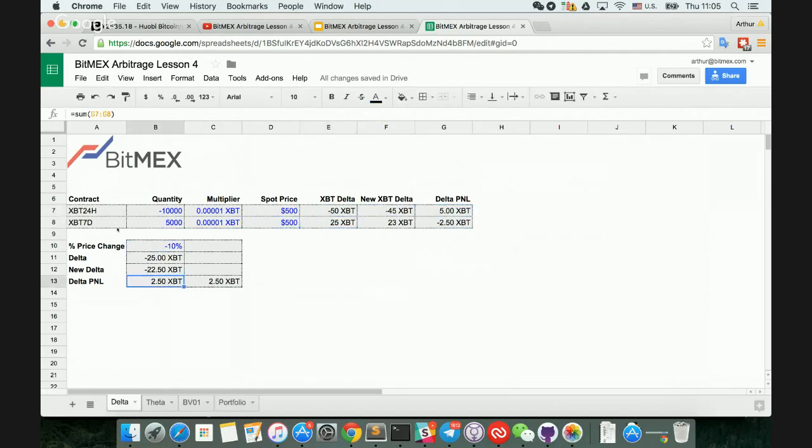And here you see the aggregate number down here, 2.5 Bitcoin. You could also take the price change times your initial delta, and that's a faster way of arriving at the same number. Now I'm assuming here that everything moves in a linear fashion, and that's why I've used these 2 futures contracts, because it's easy to illustrate this portion.